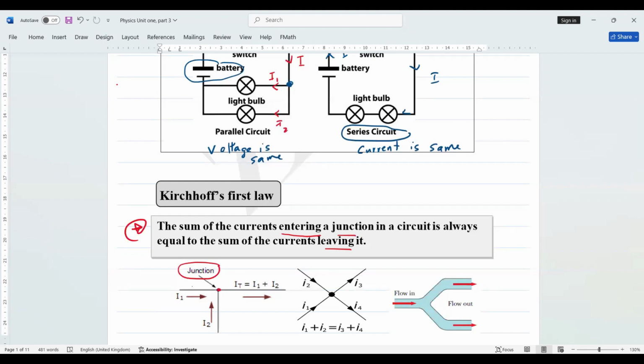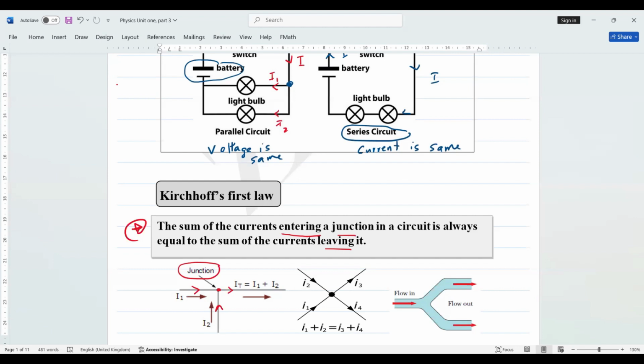Here we have I1, so this is the current in. From the arrow, we can decide whether it is in or out. This is also I2, current in. This is I out. I out, or I total, equals I1 plus I2.